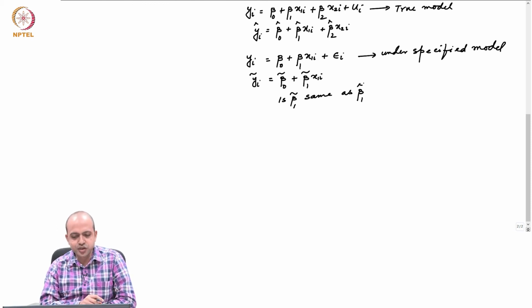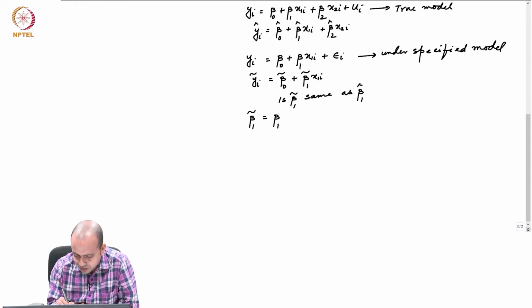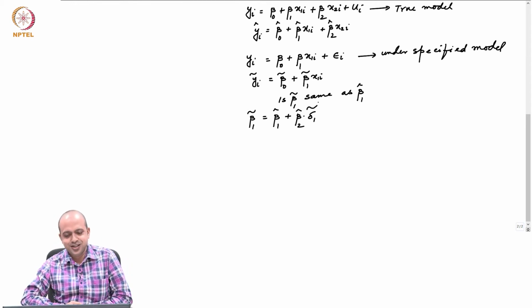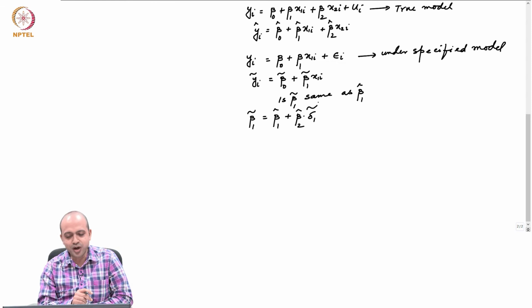Now, from the way we have specified the models, we can write a simple relationship between these two, where beta 1 tilde equals beta 1 hat plus beta 2 hat into delta 1 tilde. Okay. If you compare these two models, we can easily understand that this beta 1 tilde is basically beta 1 hat plus beta 2 hat and delta 1 tilde.